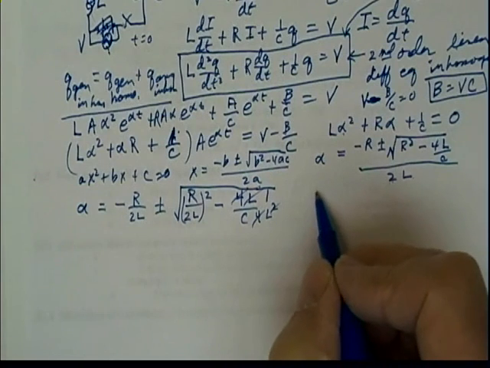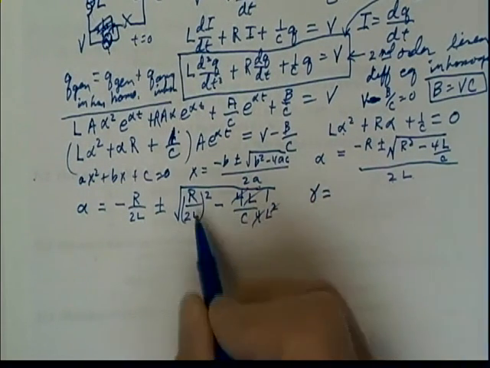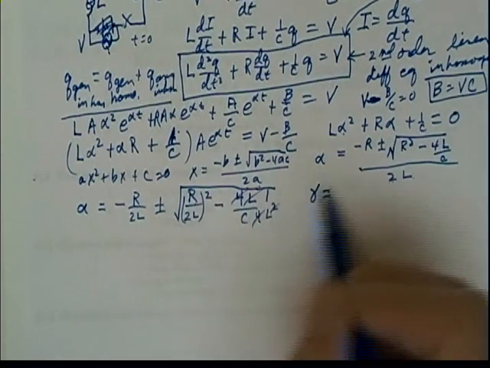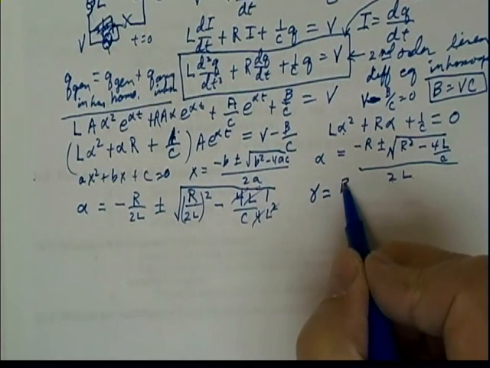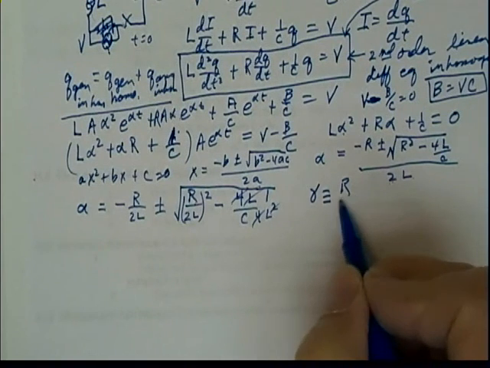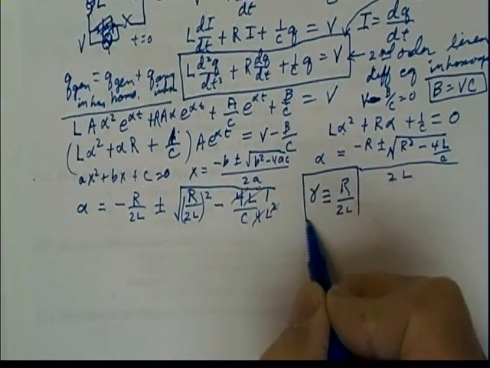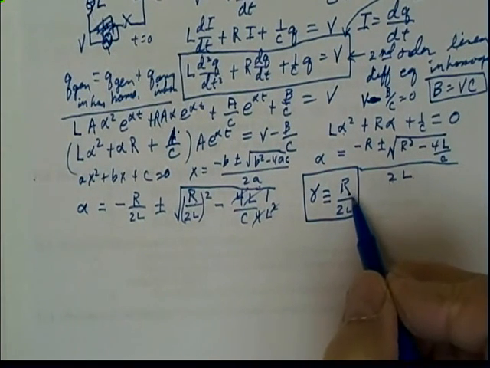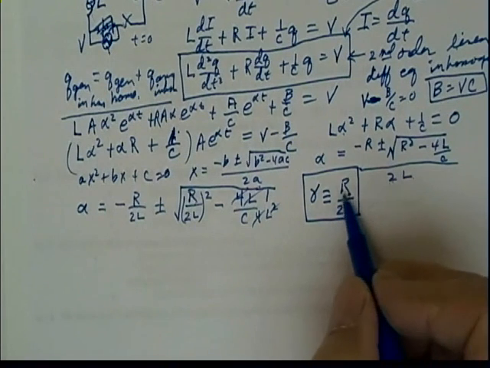Now I'm going to make two definitions here. Gamma is useful. You can see that that is this term right here. I'm going to define gamma, the 3 marks mean definition, as R over 2L. That's a resistance term, because this is the resistance. It represents a loss of energy.